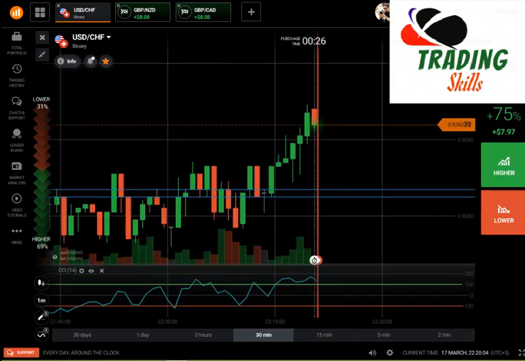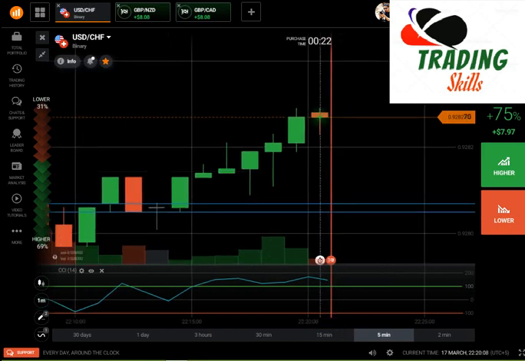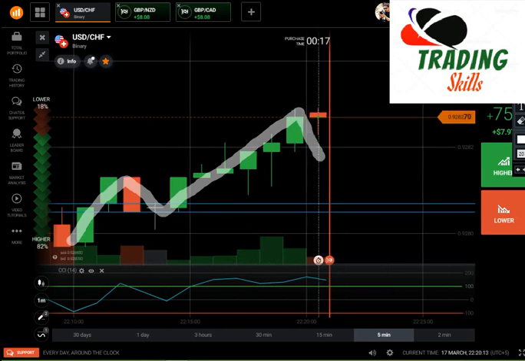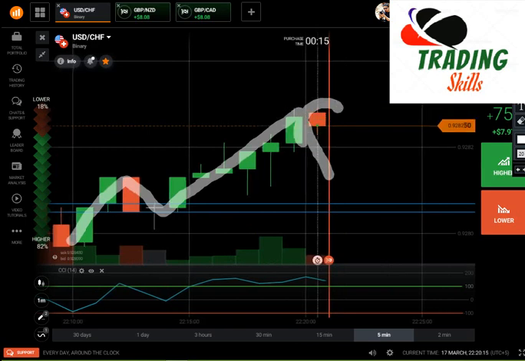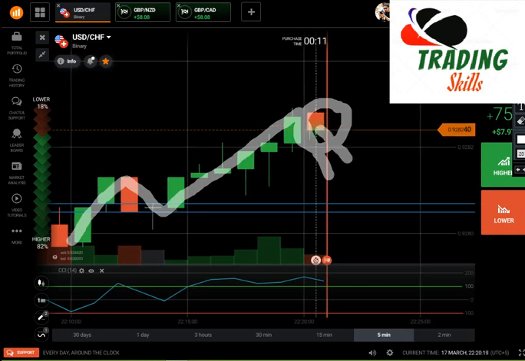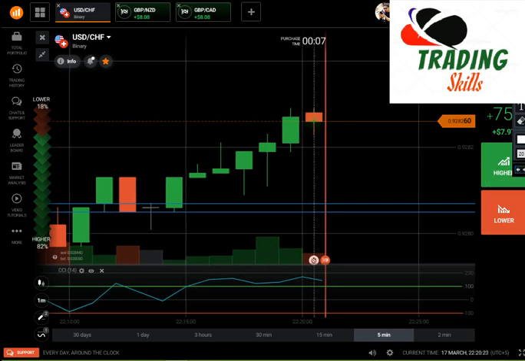Now in this situation you can see the trend is an uptrend and this candle is trying to retest the levels.